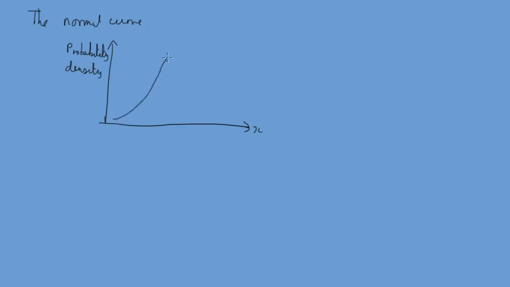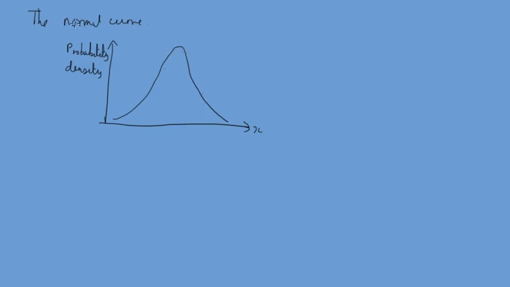So let's think about the normal curve in more detail. The normal curve takes this symmetric form. This is the probability density, and it's this typical bell shape.